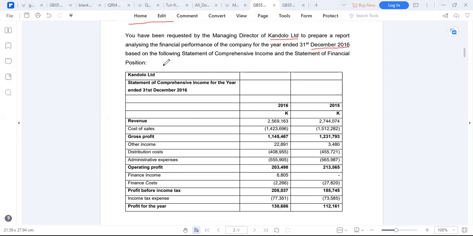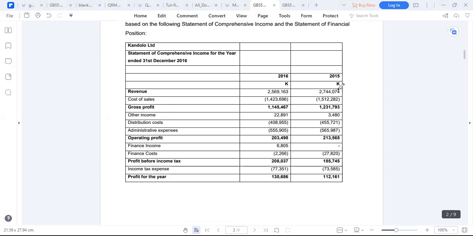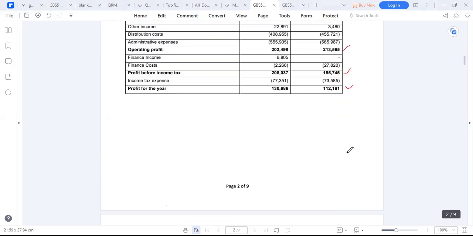I'll not read all the units in there, but we know how the income statement looks. And we have our key revenue here, gross profit here, operating profit here, profit before tax here, and profit for the year.